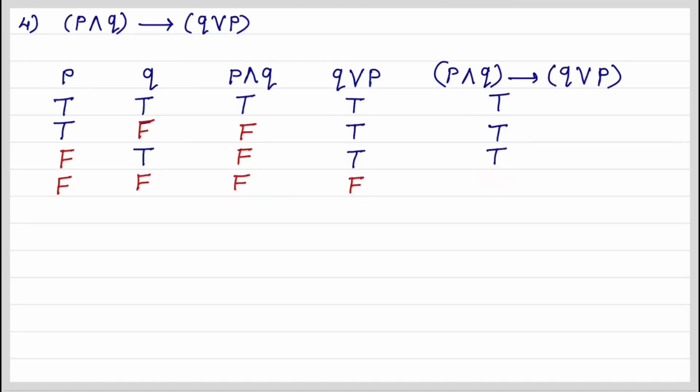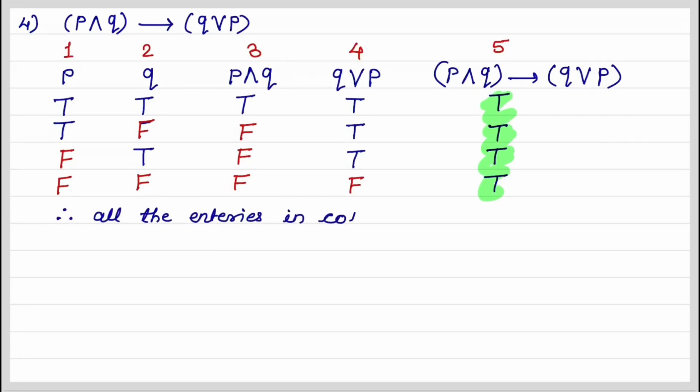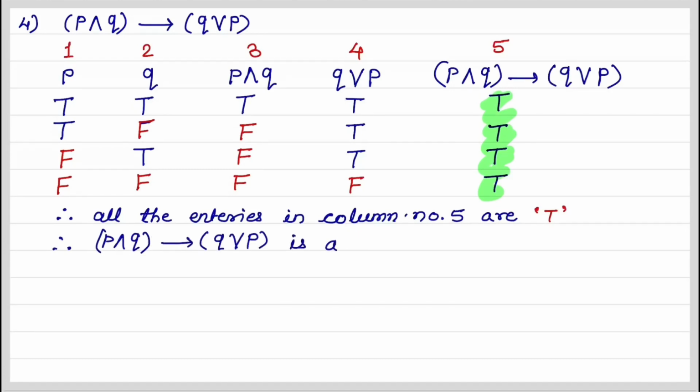Then both the statements are false. Therefore, their implication is true. Observe this last column, column number 5. All the entries in this column are T. And hence, given statement pattern P and Q implies Q or P is a tautology.